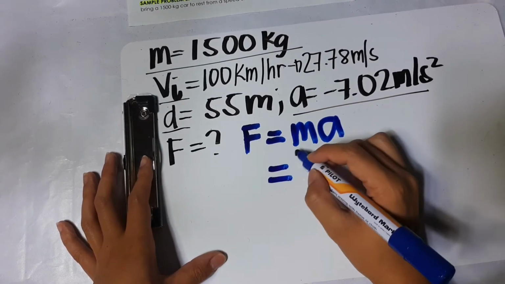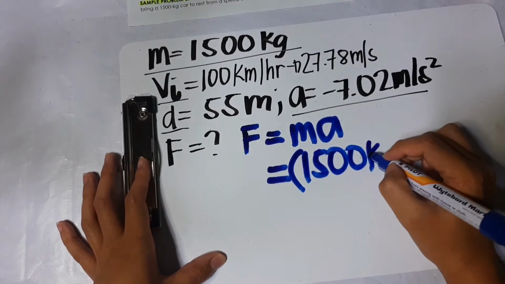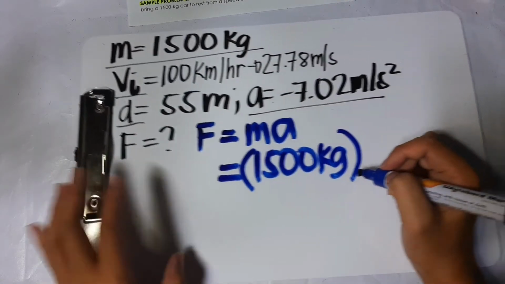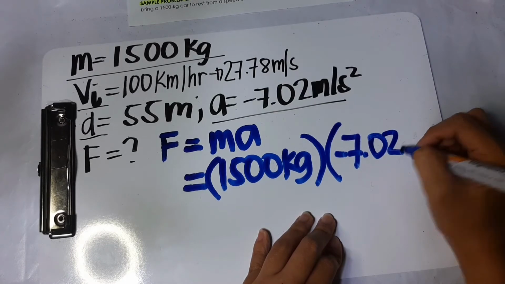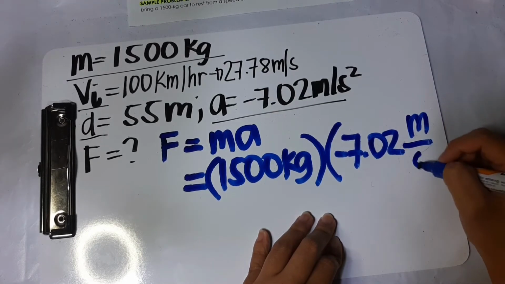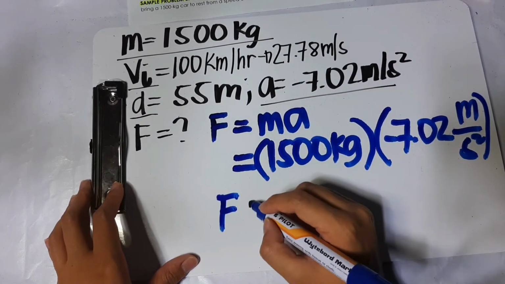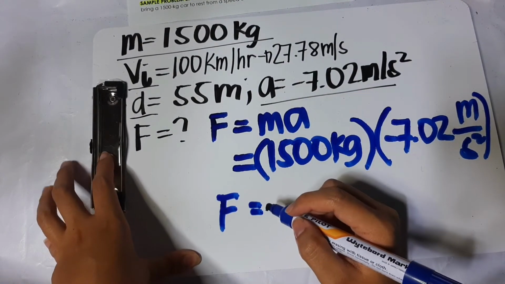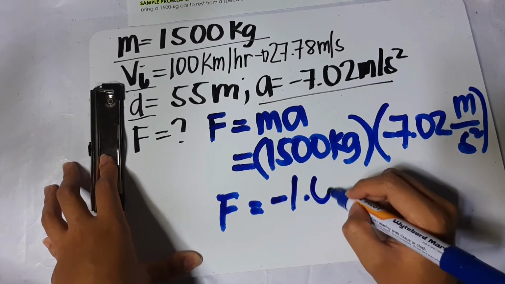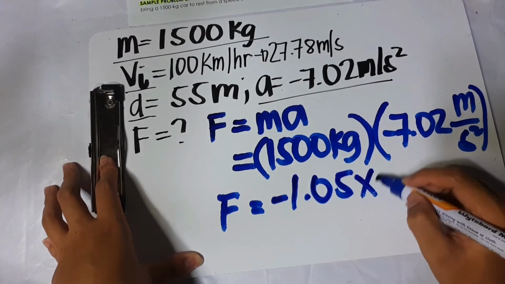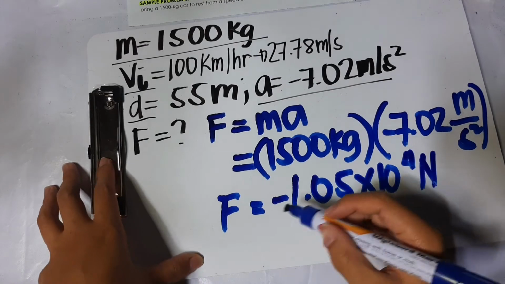That's equivalent to 1,500 kilograms times negative 7.02 meters per second squared. So now the value of our force is negative 1.05 times 10 raised to 4 newtons.